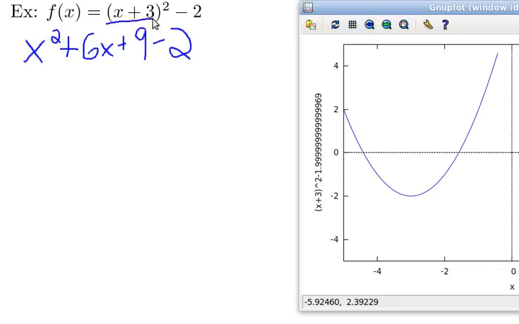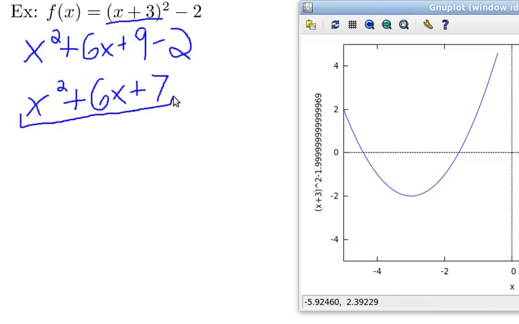I just multiplied this x plus 3 quantity squared out. So we have x squared plus 6x plus 7. Now, this should look familiar. Aside from the fact that it's sort of diagonal, it is a parabola.